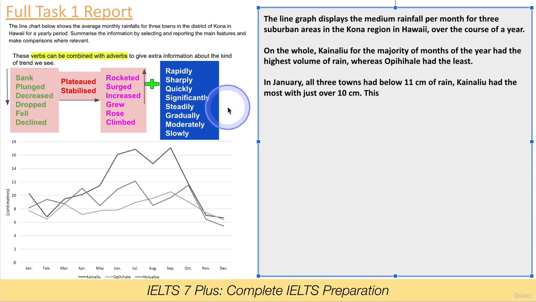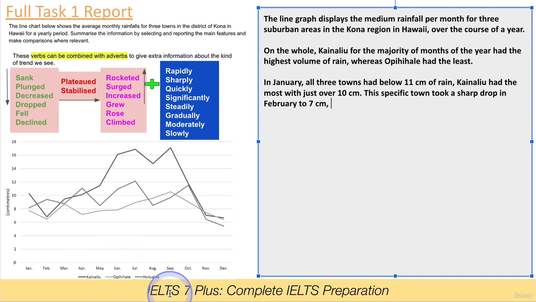This specific town took a sharp drop. We're using past tense just because this is all recorded over the year, so presumably it's in the past. She took a sharp drop in February to 7 centimeters.